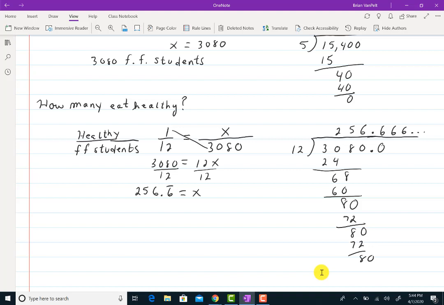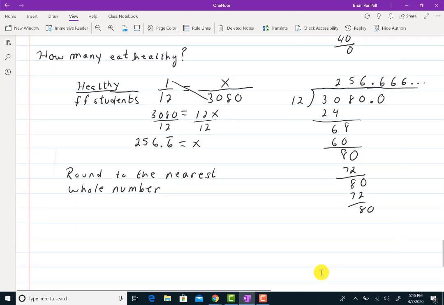Unfortunately, there's no such thing as 0.6 with a bar over it of a person. So I need to round to the nearest whole number. This will be the final aspect of this problem.